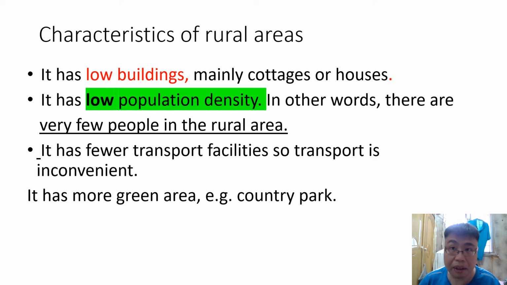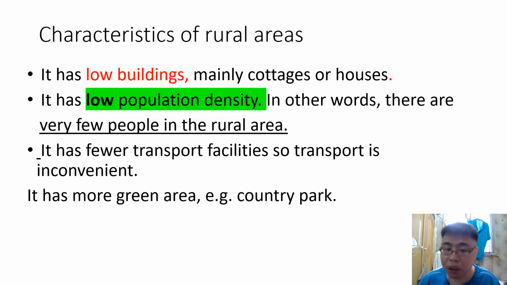And since there are few people in the rural area, the demand for transport is low. That's why many rural areas are not well connected to the urban area, and there are very few transport facilities. Usually, there is no train and also other major modes of transport.